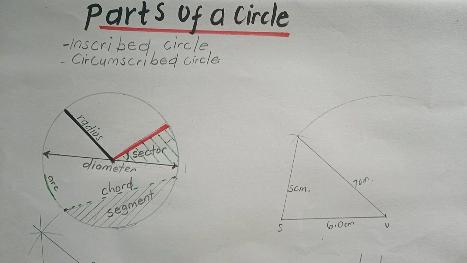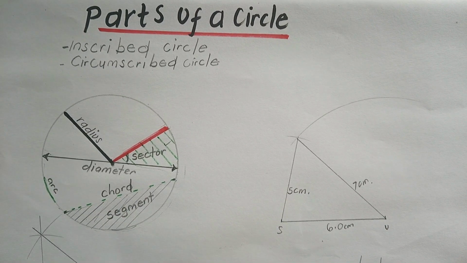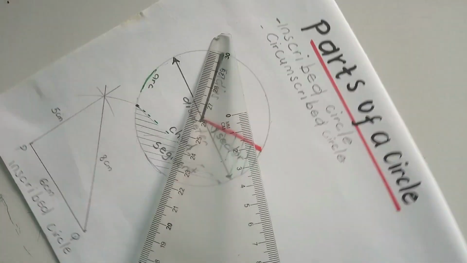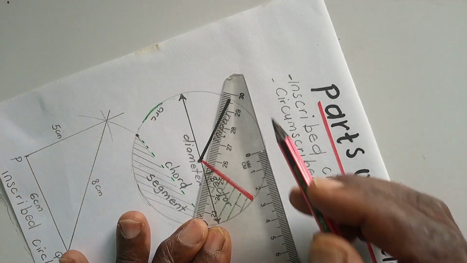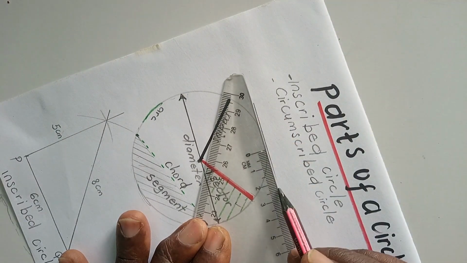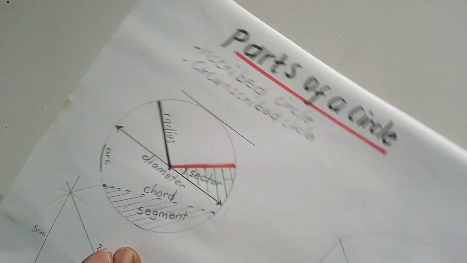Now a tangent, a line that touches the circle at only one point. So how do we draw a tangent? We can draw our tangent like that.